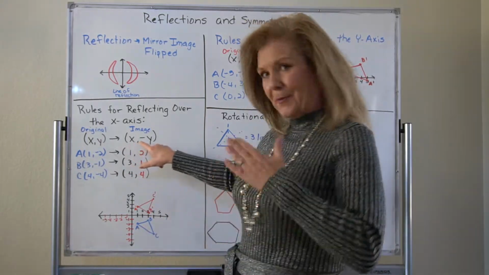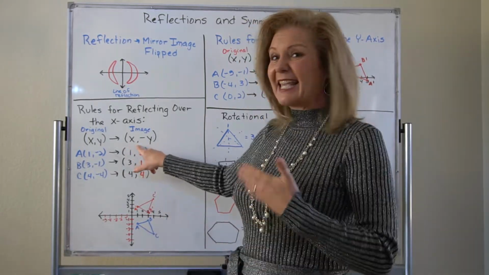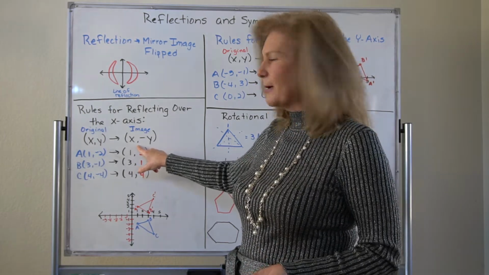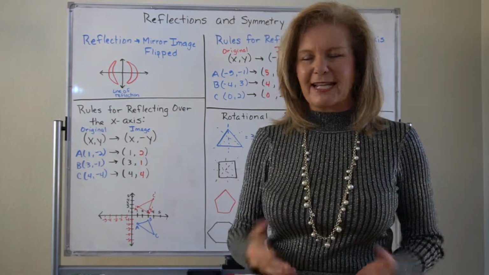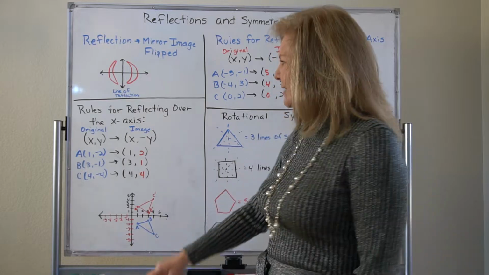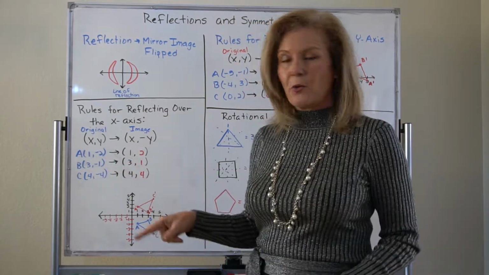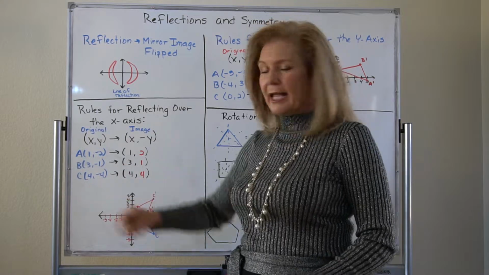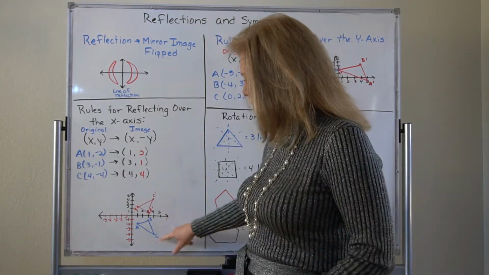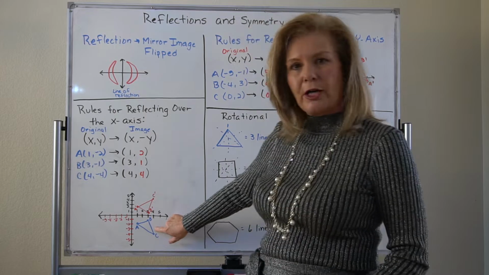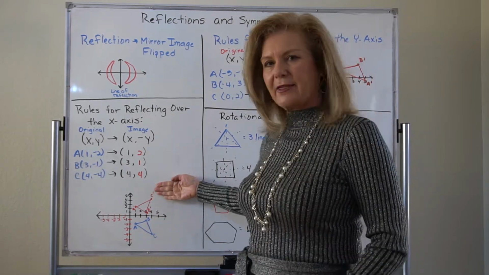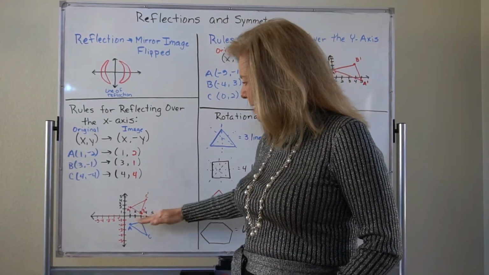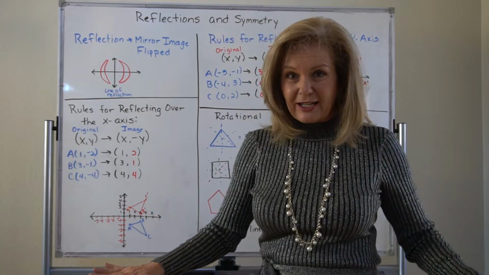And I know when I flip over the x-axis, the x remains the same, but the y is going to go opposite. I just memorized that rule. So if I were given these original ordered pairs, A is (1, -2), B is (3, -1), and C is (4, -4), and I go and I graph that, I'm here. I'm going to flip over that x-axis. So notice my x values are not changing at all.